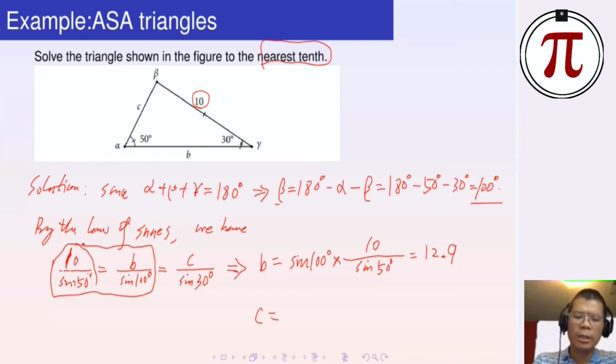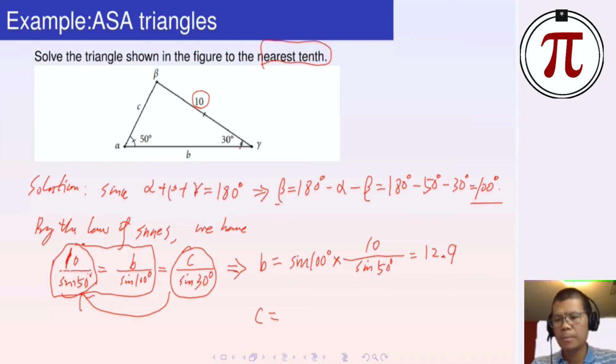For C, consider that C over sine 30 equals 10 over sine 50. So C will be sine 30 times 10 over sine 50. Again, you can find this value.